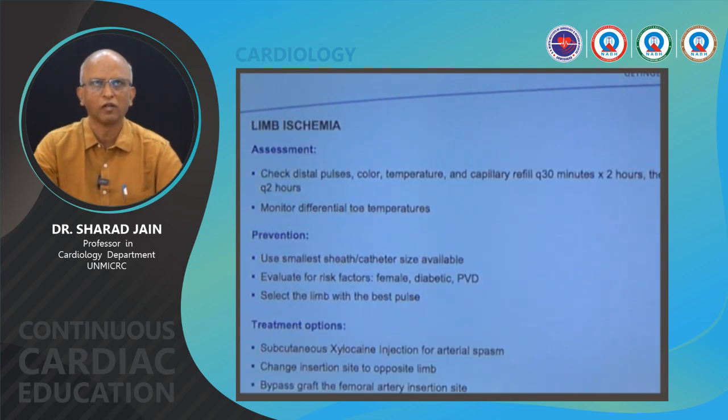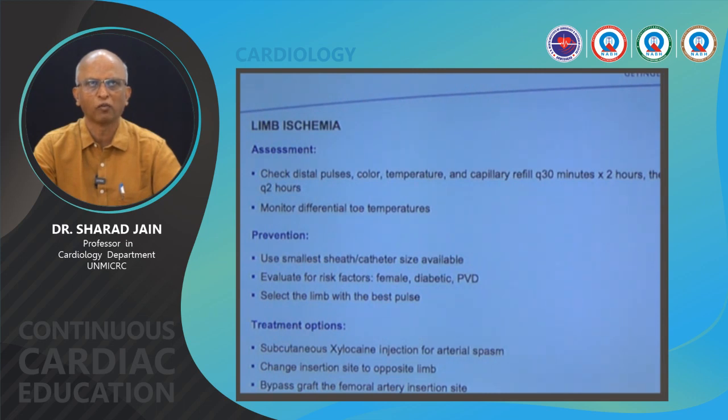So how to assess the limb ischemia? Check distal pulses. You have to check them regularly and see the color, temperature and capillary refill. Monitor very carefully, properly and at timely intervals. So monitor the differential of the two limb temperatures. What is the prevention? Use the smallest sheath or catheter size available for the IABP.